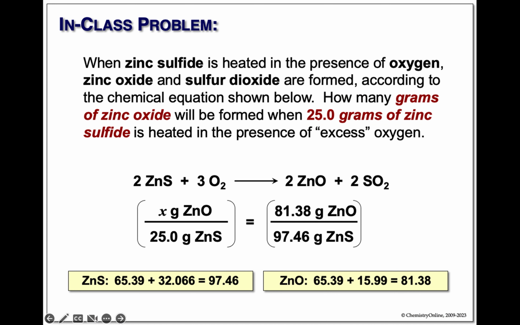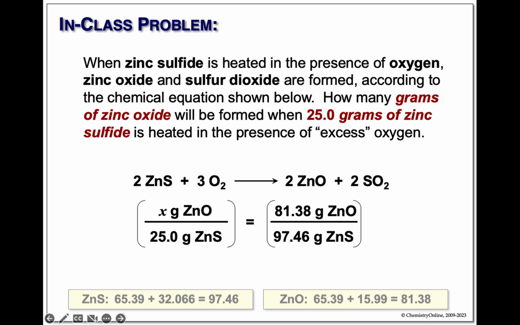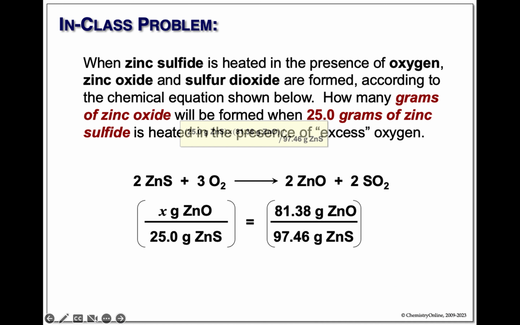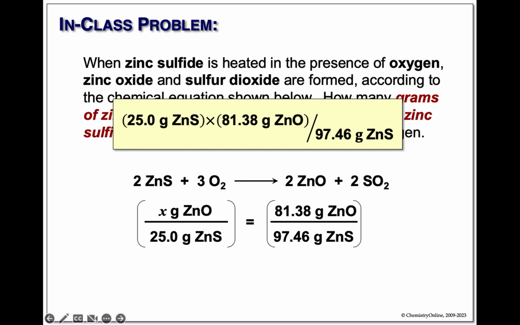All right, now it's simple. 25 times 81 divided by 97, zinc sulfide cancels, and we need 20 grams of zinc oxide. Any questions?